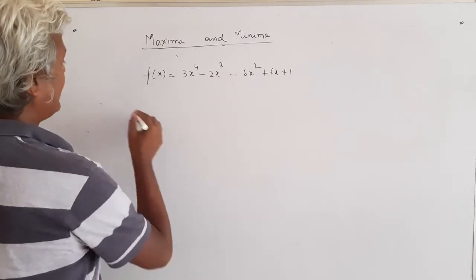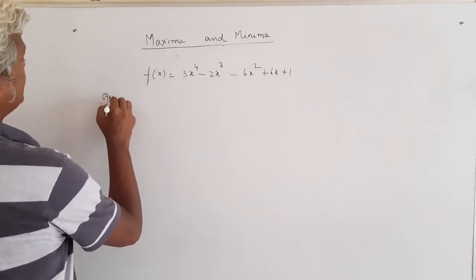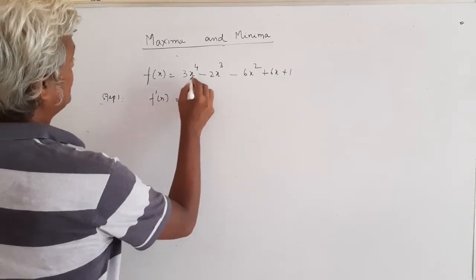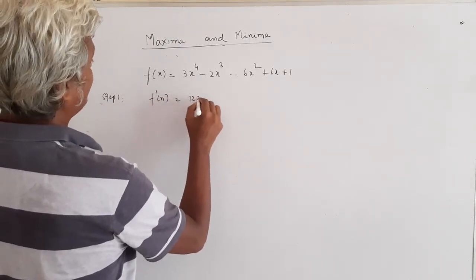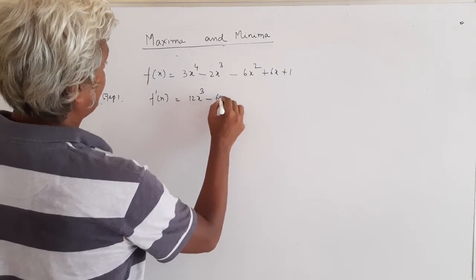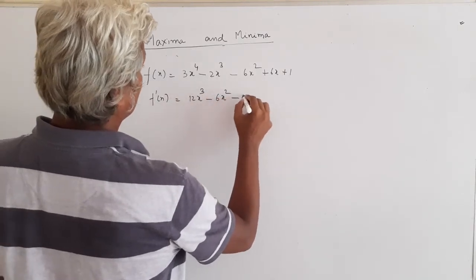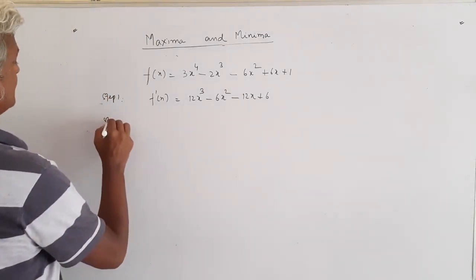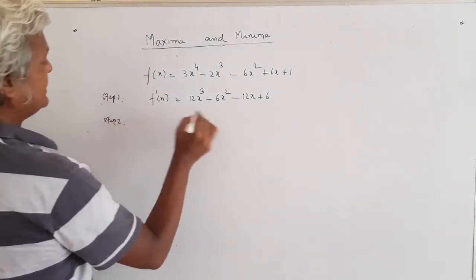Step 1: first you find f dash x. So this is 4 threes are 12x cube minus 6x square minus 12x plus 6. Step 2, set it to 0.